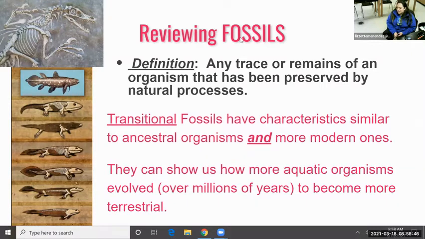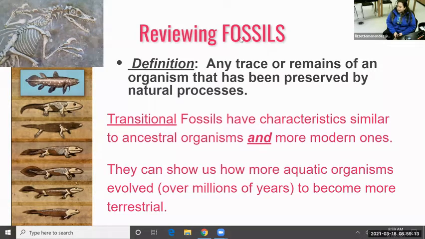One way that we have evidence that shows and supports this idea is by looking at fossils. As a reminder, fossils are just any trace or remains of an organism that has been preserved by natural processes. So it's whole organisms or bits like bones that are found in ice, amber, rock, things like that.